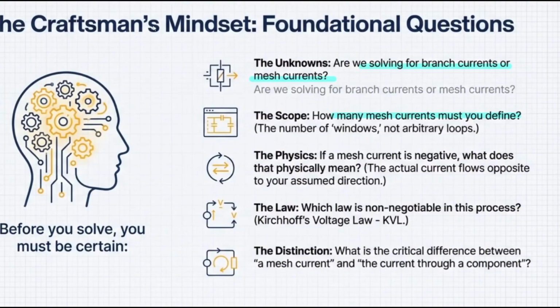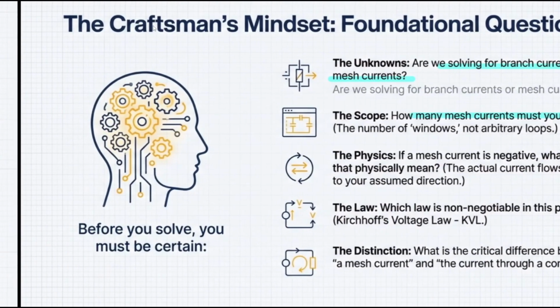By the way, one thing that I have to talk about before moving forward is the difference between a mesh and a loop. As you guys know, when I have a circuit, for instance like this, I can find loops. A loop means that any closed path is considered a loop. This one is a loop, this one is a loop, and this one is a loop.